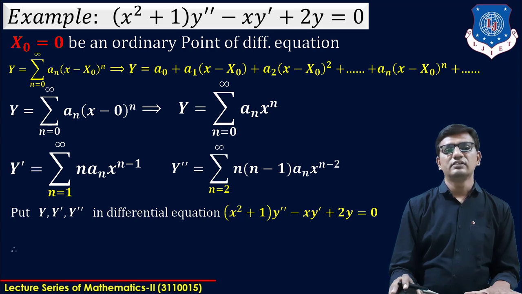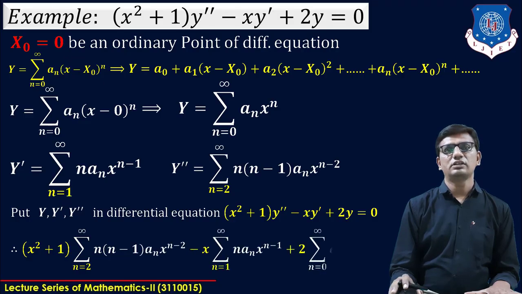Then finally we get (x² + 1) Σ (n = 2 to ∞) n(n − 1) an x^(n−2) − x Σ (n = 1 to ∞) n an x^(n−1) + 2 Σ (n = 0 to ∞) an x^n = 0. Here we put each summation in place of y′ and y″ in our differential equation.